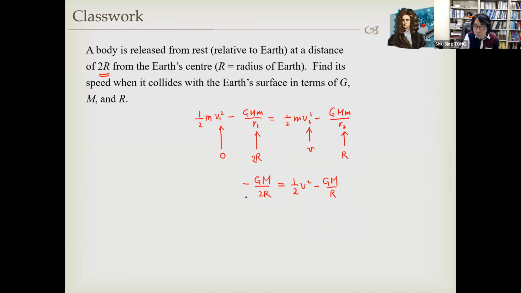If I move this term to the left-hand side, 1 minus 1/2, so it just gives me GM over 2r with a positive sign, right? Is that right? So I cancel the 1/2 on both sides and I take the square root of the equation. I find this result. All right. So it's not difficult, right?